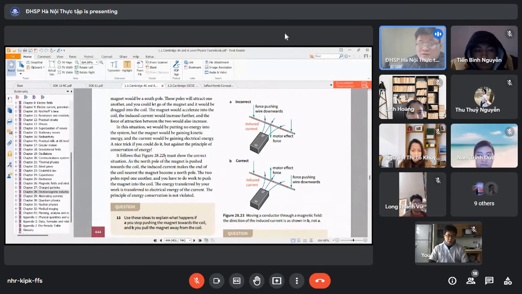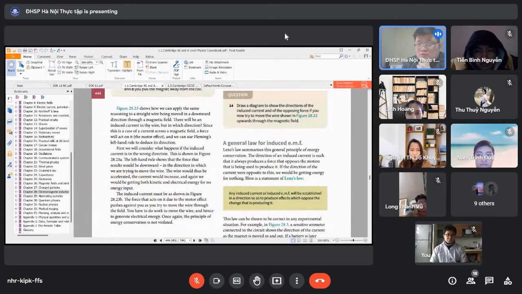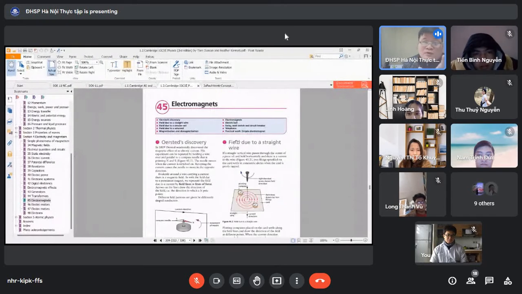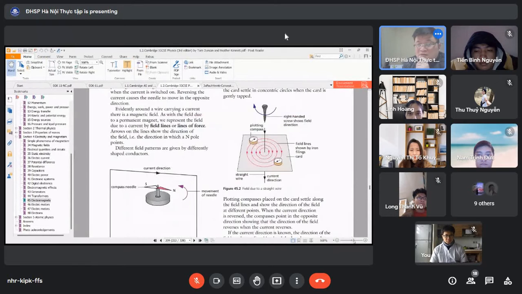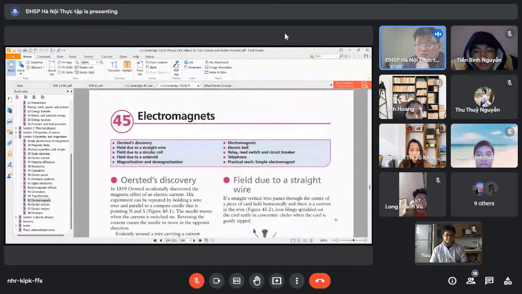But for the experiment, Quinn will explain to you a little bit later on, there's a certain experimental way to define the relation between the direction of the induced current and the change of the magnetic flux. So that is one approach. It is really for grade 11. This is IGCSE, so it is for grade 9 actually. So it is a lot simpler.